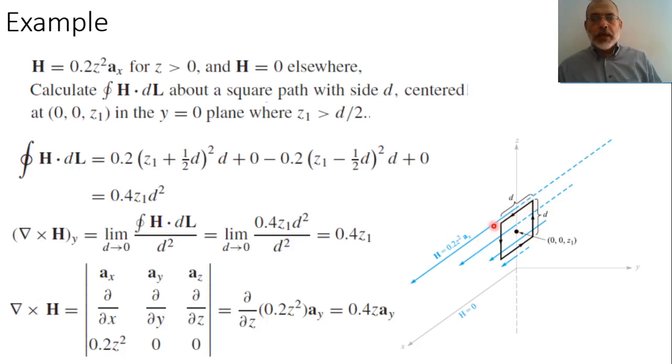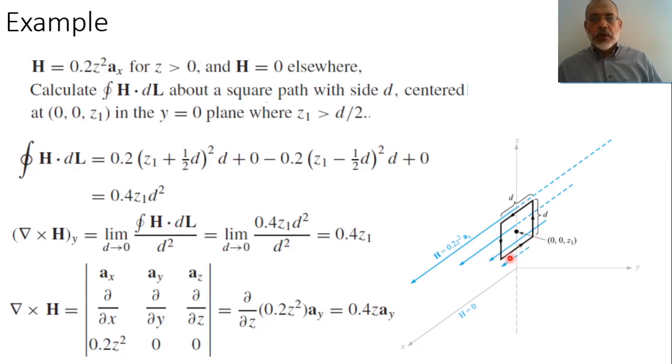Along the y-axis, along the x-axis, we are talking about z1 plus d over 2. All this arm is z1 plus d over 2, and all this arm is z1 minus d over 2.